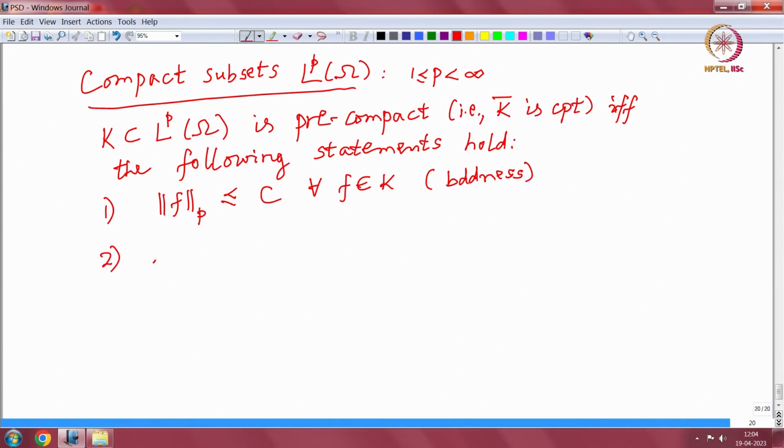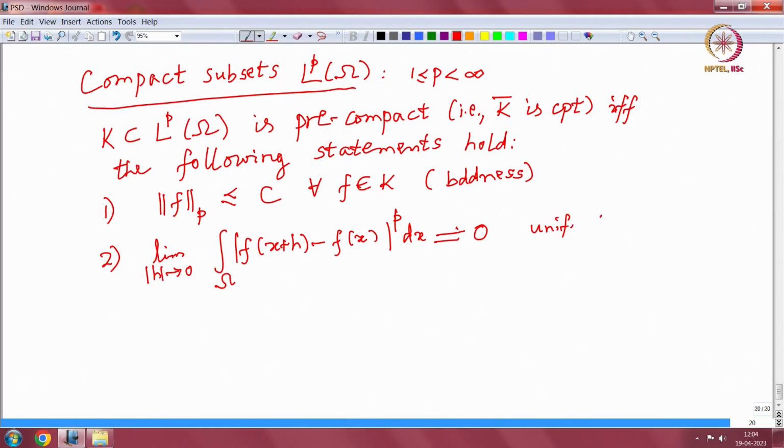Limit as h tends to 0 of the integral over omega of |f(x+h) - f(x)|^p (sometimes we may not write this dx all the time, just the integration) equals 0 uniformly for f in K. I already saw that every f in LP satisfies this.